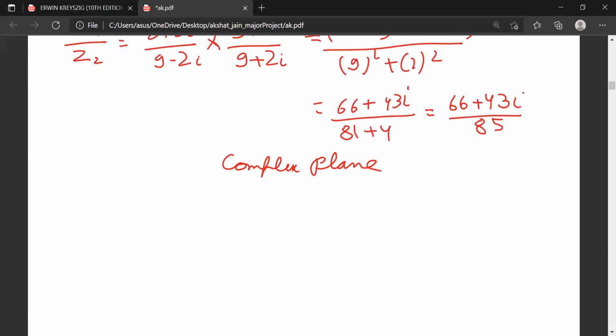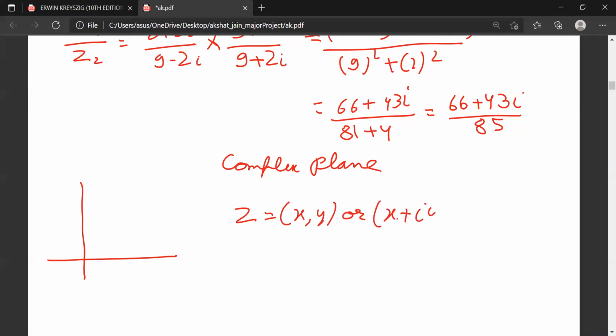The complex plane is the plane in which complex numbers can be represented. I can say it is an xy plane in which complex numbers are represented. A complex number z equals x comma y, or x plus iota y, both are similar.